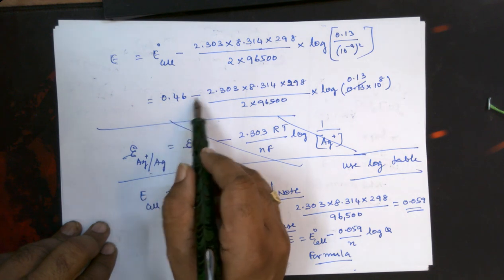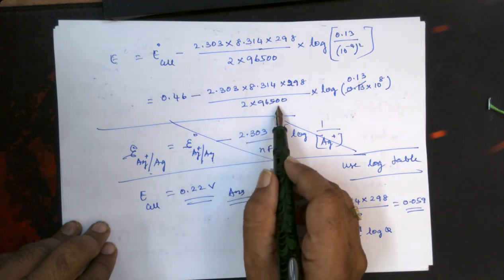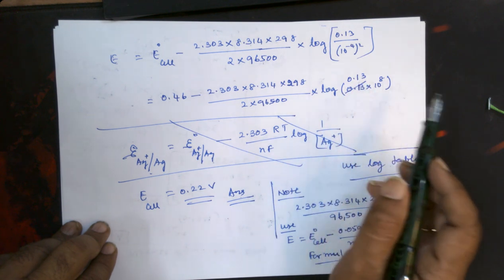So 0.46 minus 2.303 into 8.314 into 298, whole divided by 2 into 96,500, into log of 0.13 into 10 power 8.